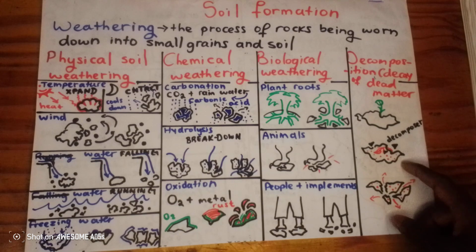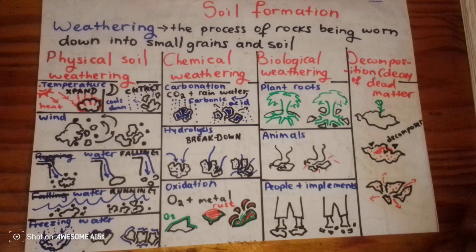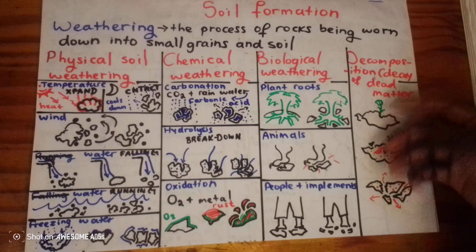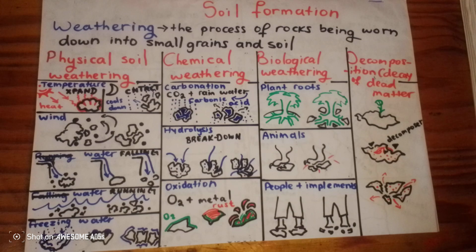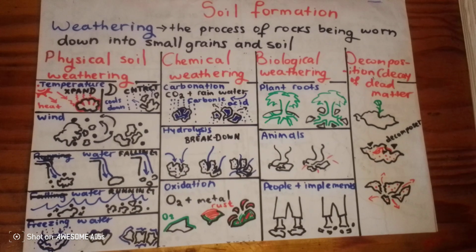And as they feed off that material, they release certain acids or chemicals that weaken the rock where the plant grew from, and the rock breaks apart eventually over time, of course. So that is chemical weathering, biological weathering, and decomposition of dead matter, which results in soil formation.